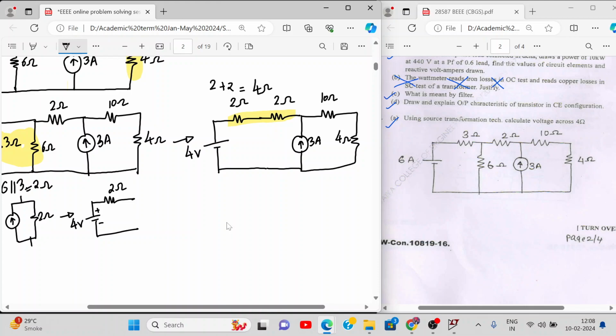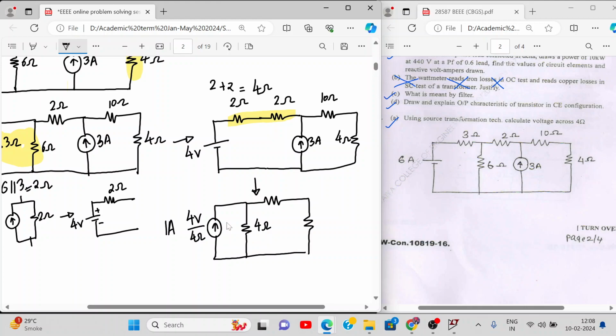Now this gets converted into a current source again. And the value of the current source is? Tell me now. 4 volt divided by 4 ohm. How much is that? 1 ampere. So we have a parallel resistance of 4 ohm. We got this circuit now.